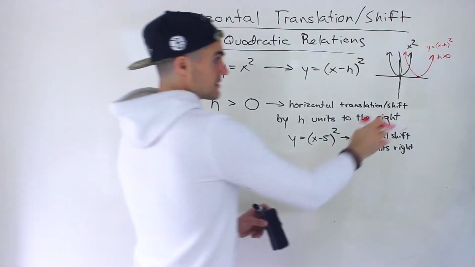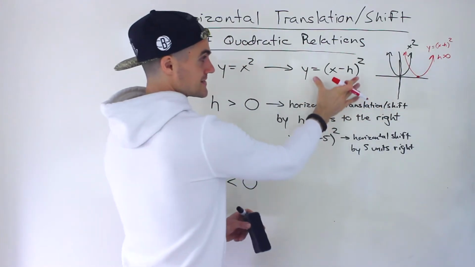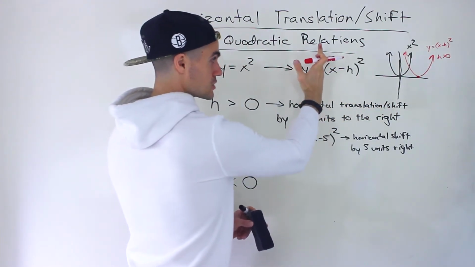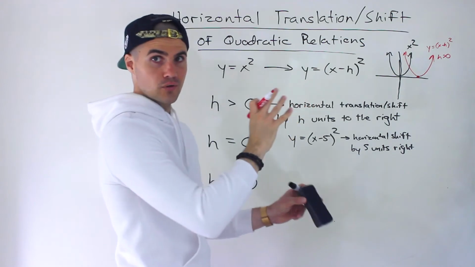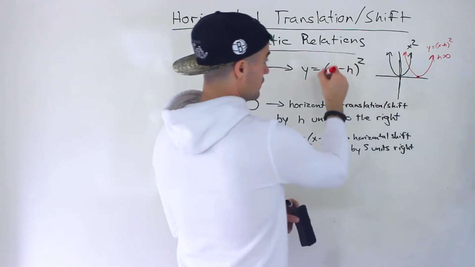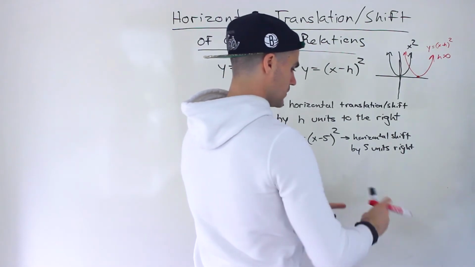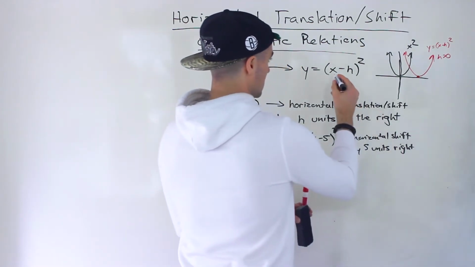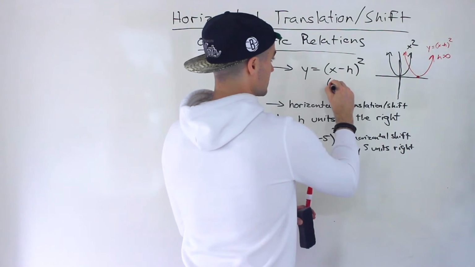Okay, and the vertex of this, if a function is in this particular format and there's no other k value, right, the k value is 0, then the vertex in general is always going to be h and 0, like that. We don't have to write it for every case.